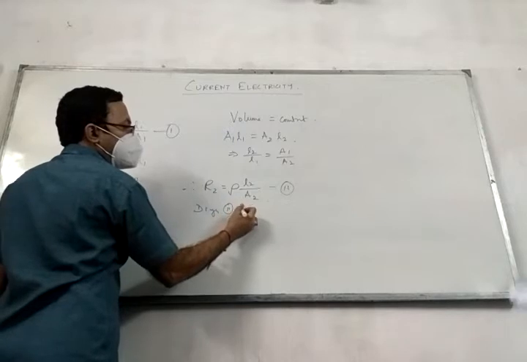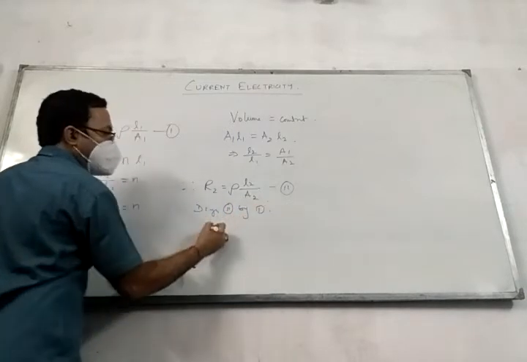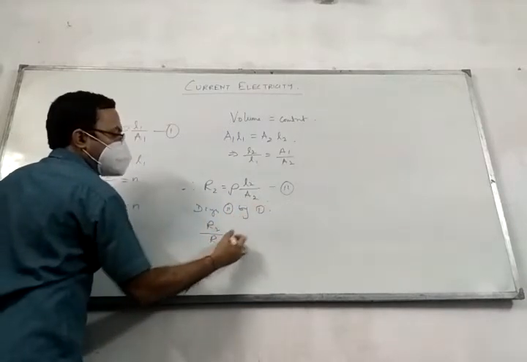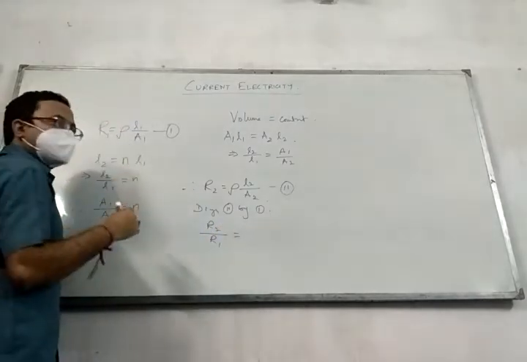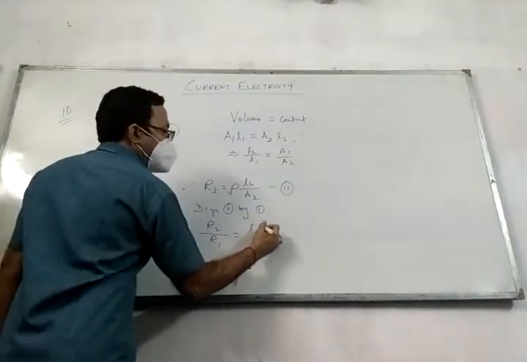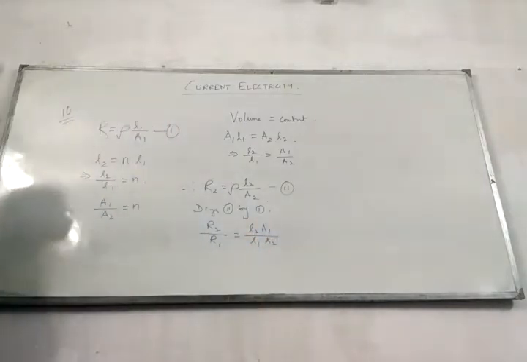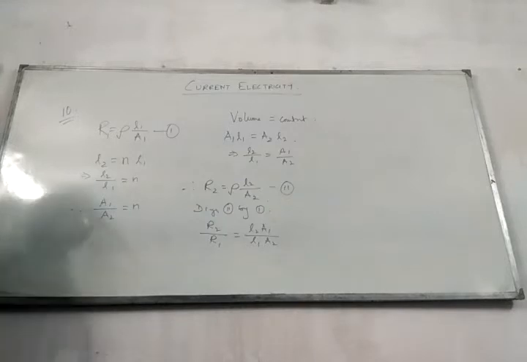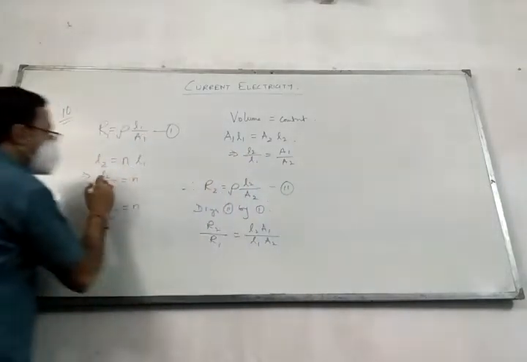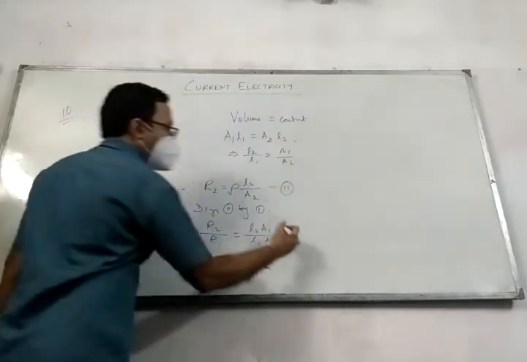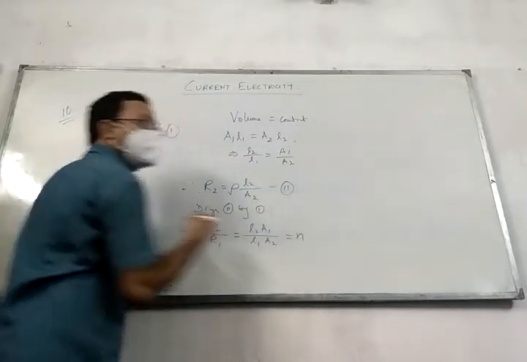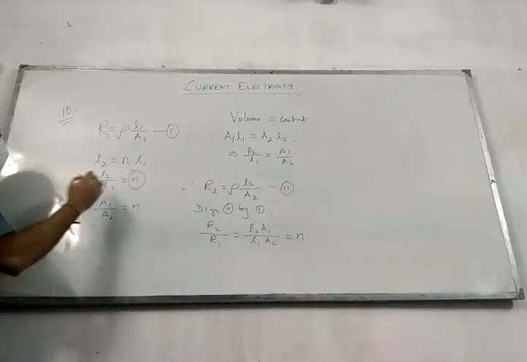Rho cancels, L2 A1 by L1 A2 আসবে কি? হ্যাঁ, এবার আপনি ঝটপট বলুন L2 by L1 কত? L2 by L1 হচ্ছে n আর A1 by A2 n.